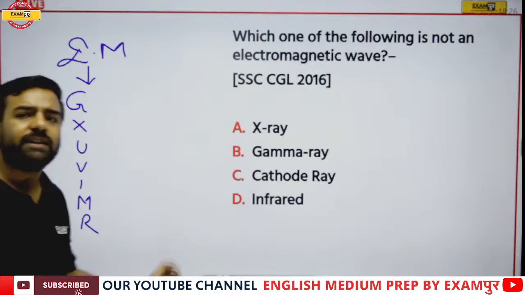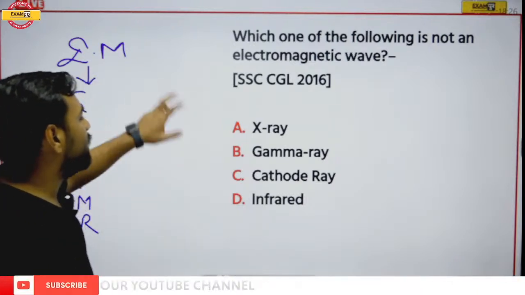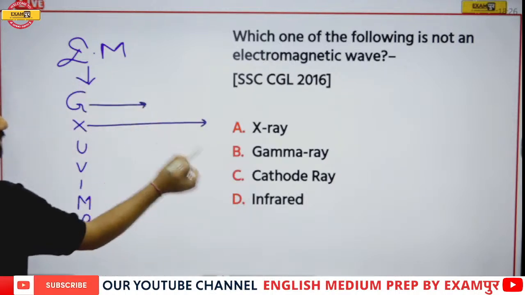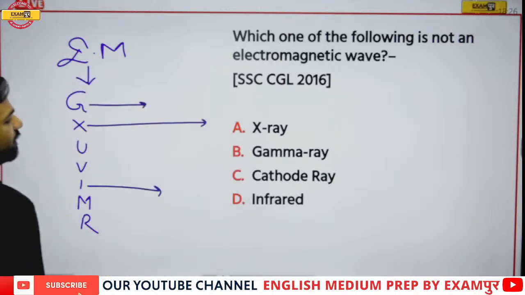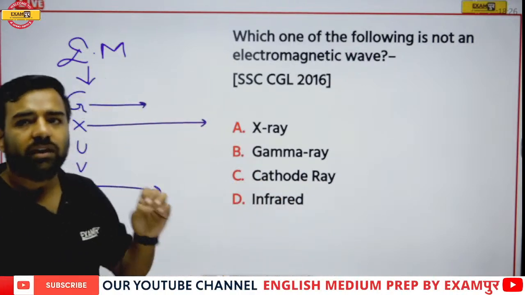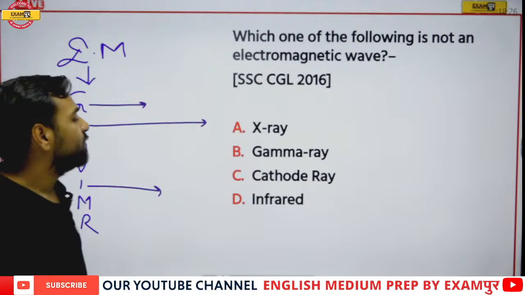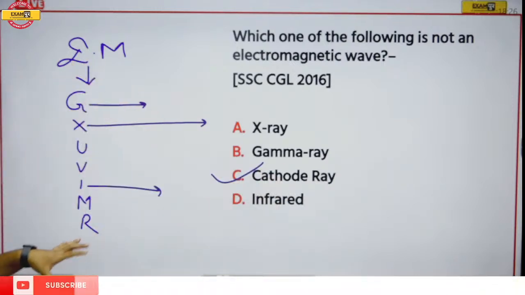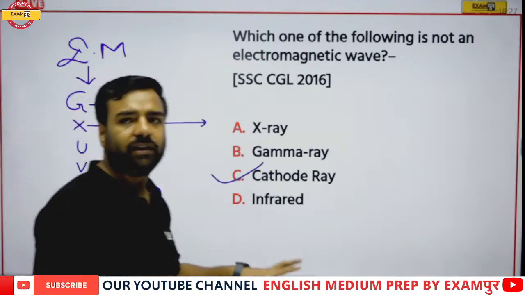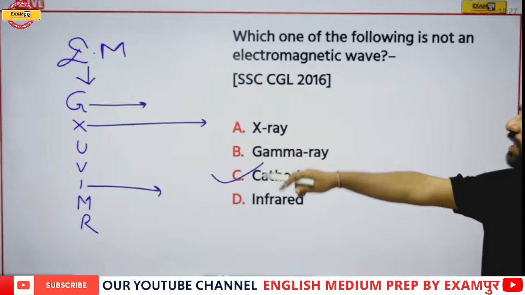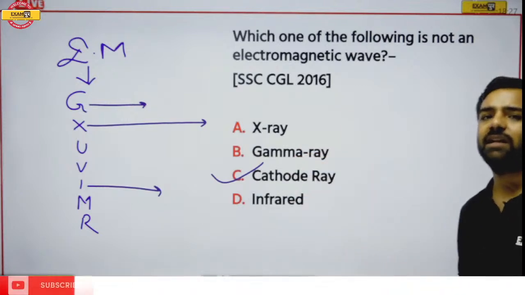Looking at this sequence order, X-ray is there, gamma ray is present, infrared ray is there. But the odd one out is cathode ray, because cathode ray is not present here. Megha has given answer D, but cathode ray would be the correct answer. I guess you got this point. So please remember the sequence order G, X, U, V, I, M, R. From this, you will get clarity.